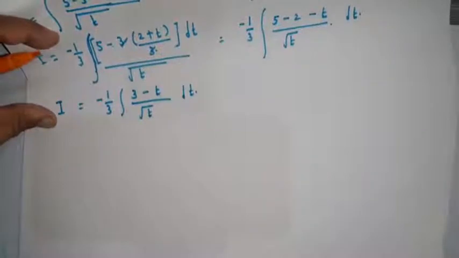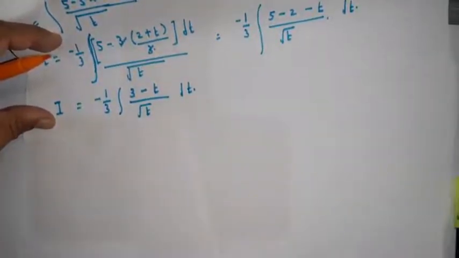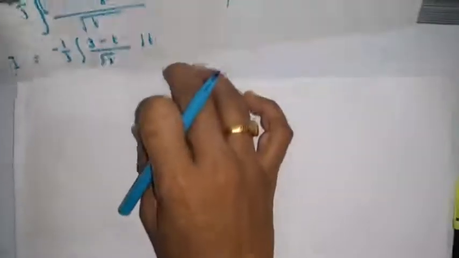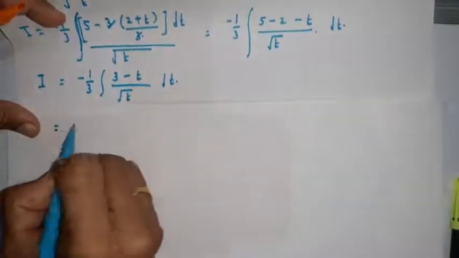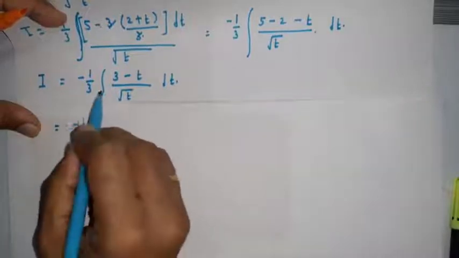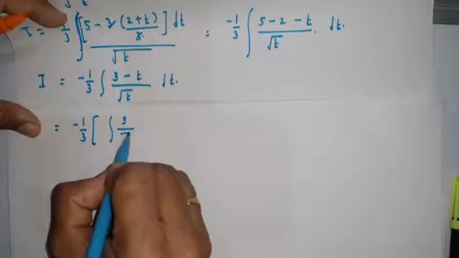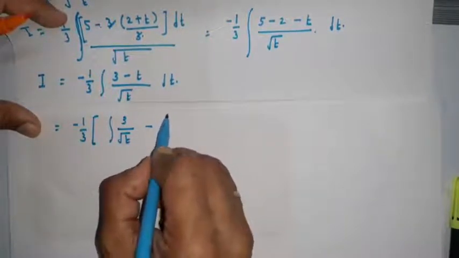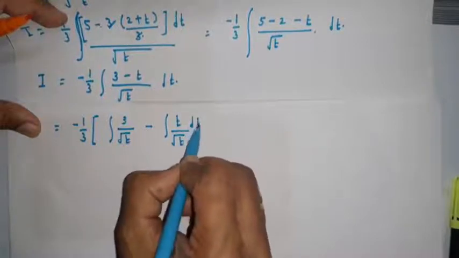Okay students, so here the integration is minus 1 upon 3 as a constant, take the integration separately, that is 3 upon root t minus t upon root t with respect to t.